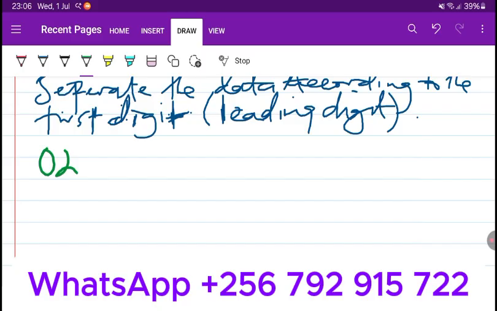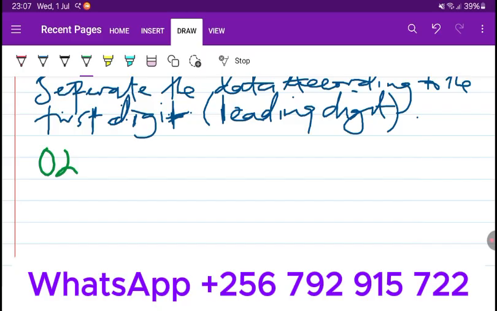When you go to 1, there are only two observations with a leading digit of 1: 13 and 14.